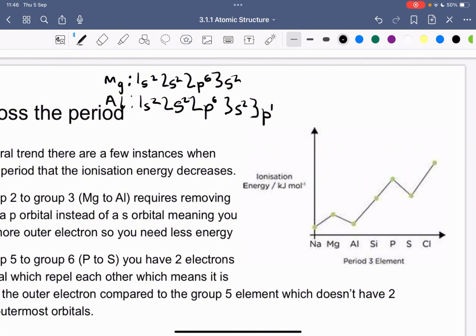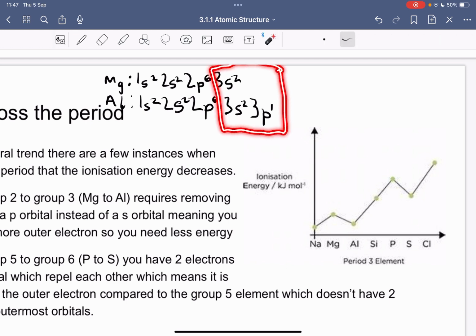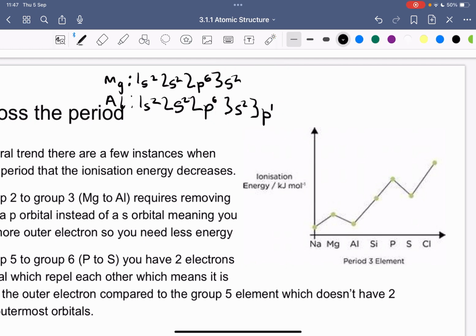Now, if I was to draw this last bit, for magnesium, the 3s2 is here, and this is the most outer electron. However, for 3p, you're removing from here, and this is a higher energy level.